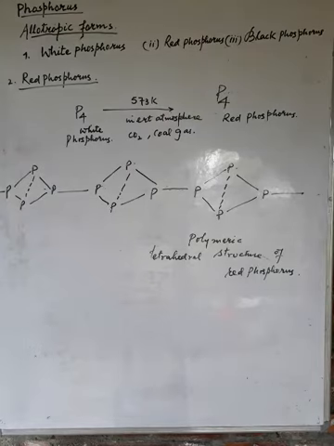So this is the polymeric tetrahedral structure of red phosphorus.